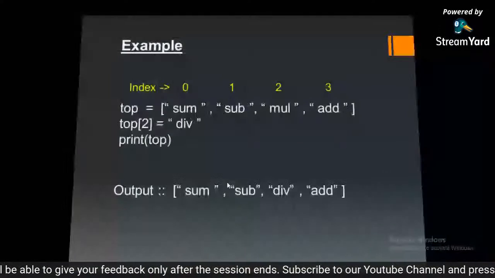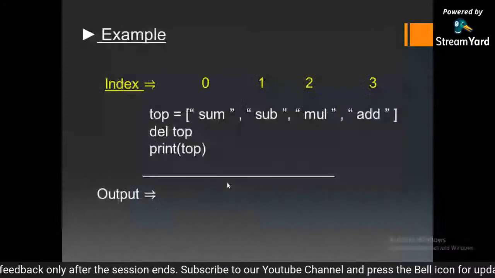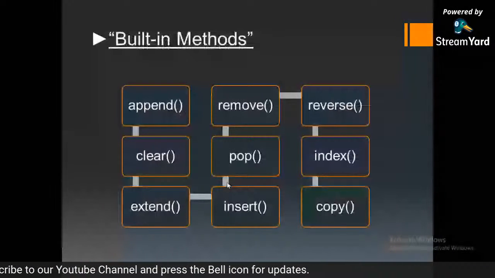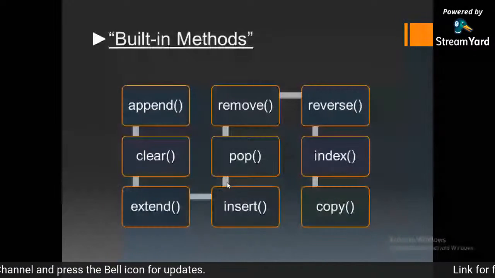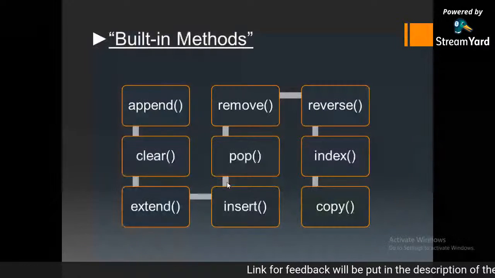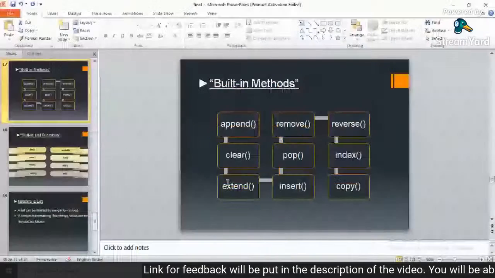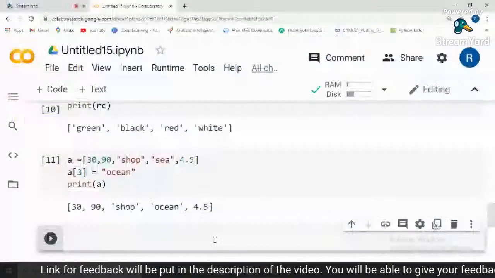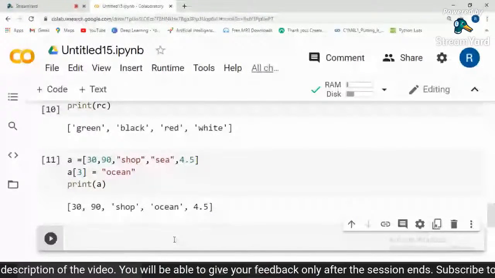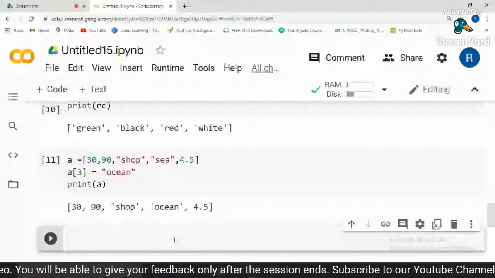There are built-in methods: append, clear, extend, remove, pop, insert, reverse, index, and copy. So we'll see one by one how the methods work and how we can use them in a program, right? So to add an element in a list, we'll use the first method that is called append.